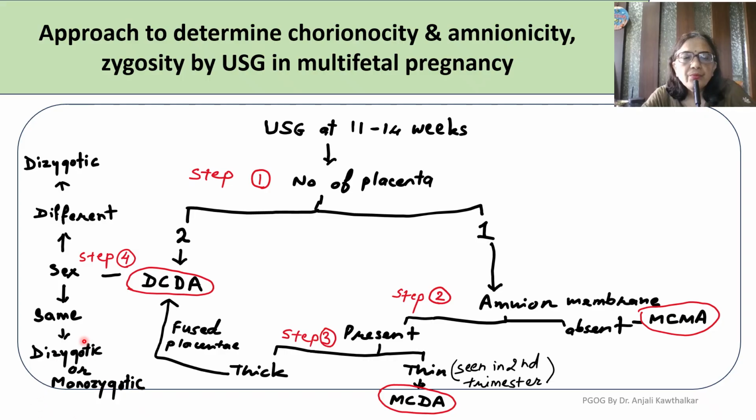Declaration of the sex is legally illegal in many countries, including India. So this step is only relevant for countries where ultrasonographic sex determination and declaration is legally allowed. There only can we go for this step 4.